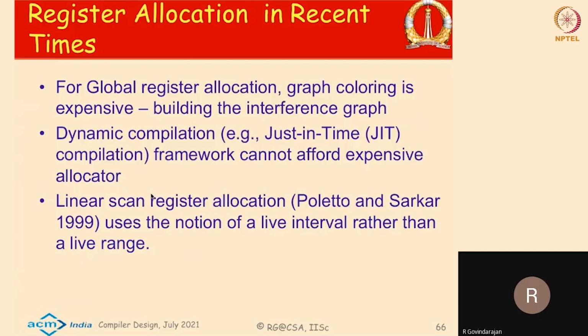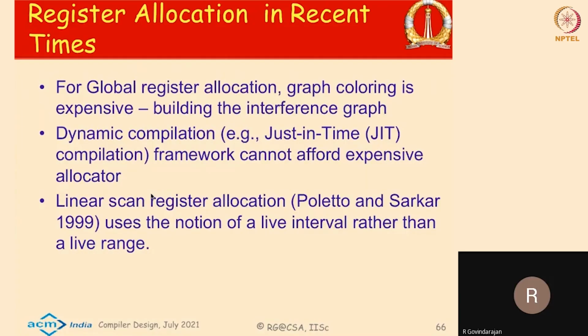So what they do in Poletto and Sarkar's algorithm is that they simplify the live range to what is called a live interval. And a live interval does not have a hole. It is actually active from the starting point till the ending point, irrespective of in which basic block the variable is not live, and so on and so forth. So once you make it a live interval, then of course you can do something very similar to what you did in the local register allocation, and you can come up with a register allocator, but that may be suboptimal because you have converted some of the live ranges into live intervals.